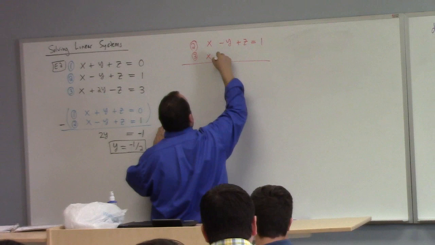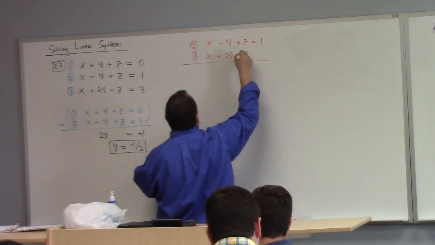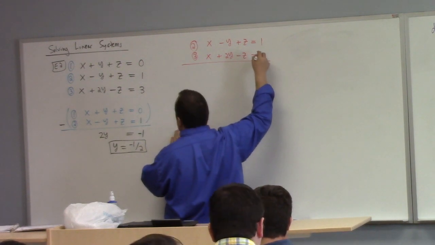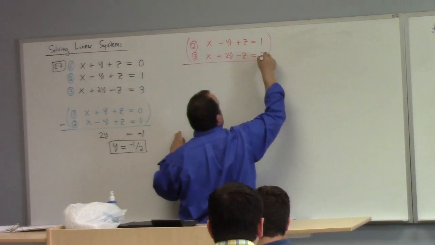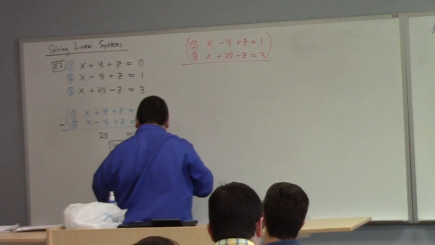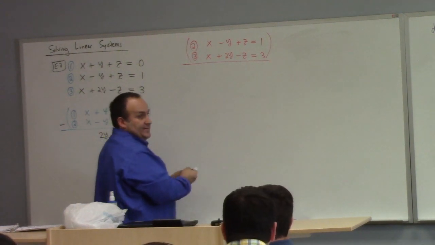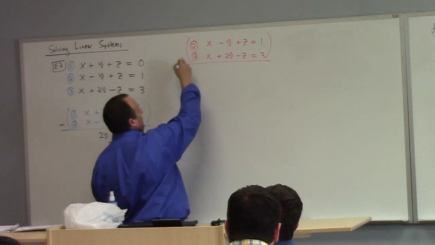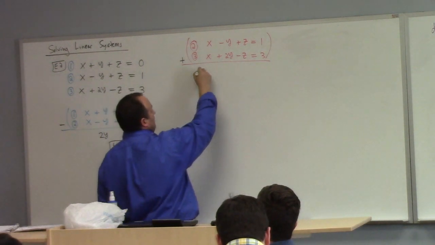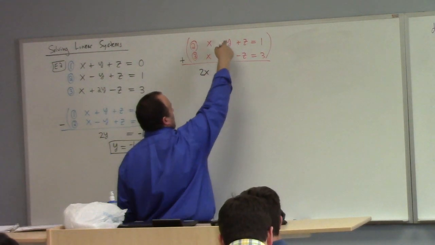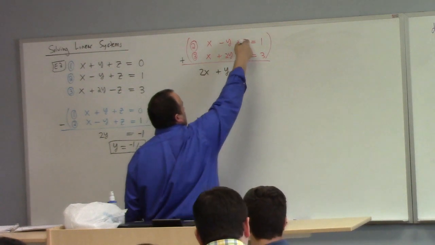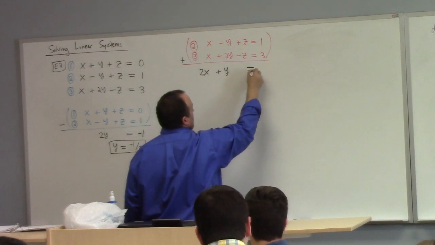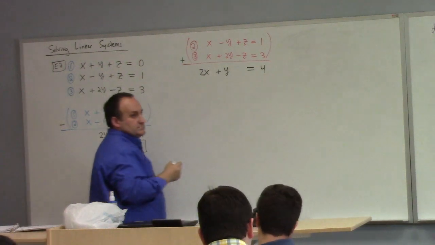X plus 2y minus z equals 3. And I think it would be ever so nice if we were to add those. What happens when we add them? We get 2x. And minus y plus 2y is y. The z's cancel, that's wonderful, equals 4.